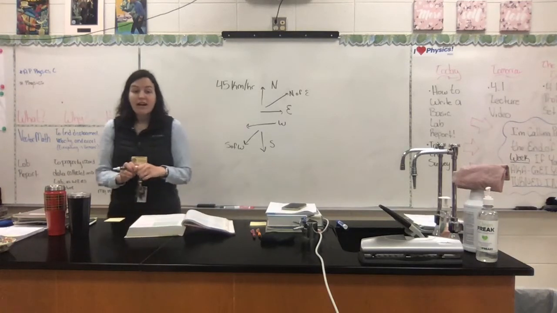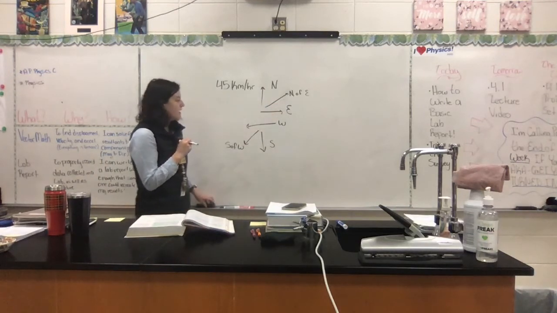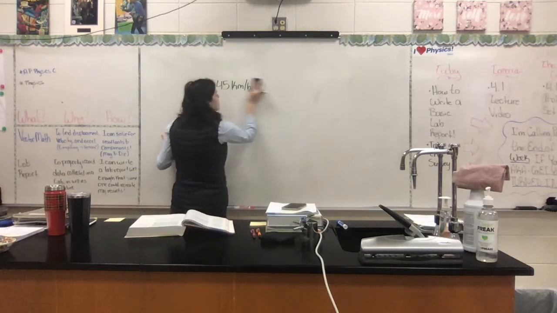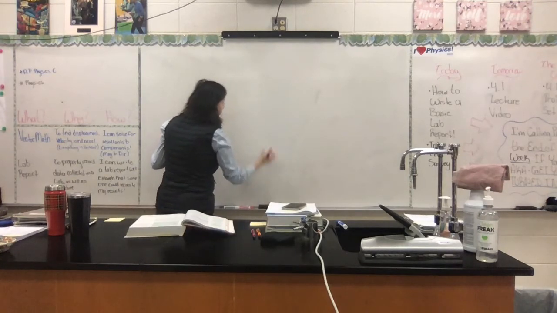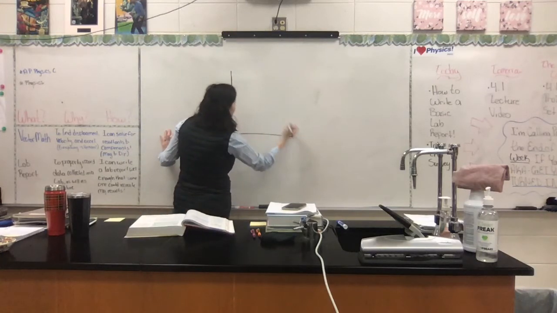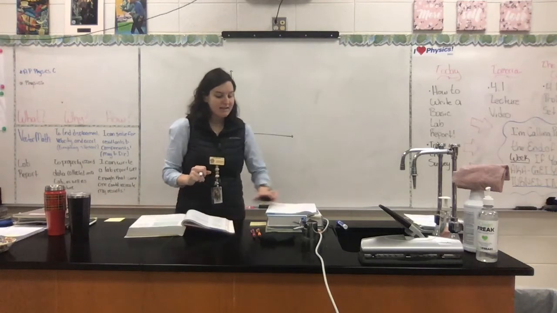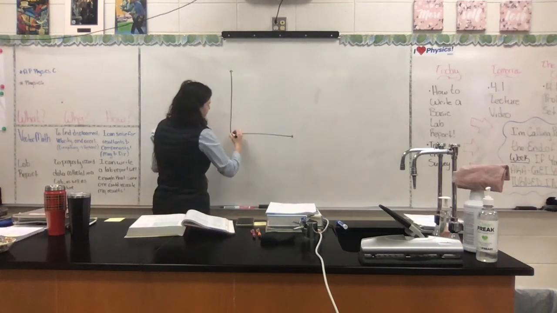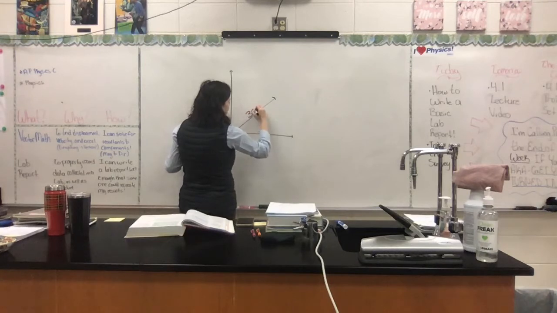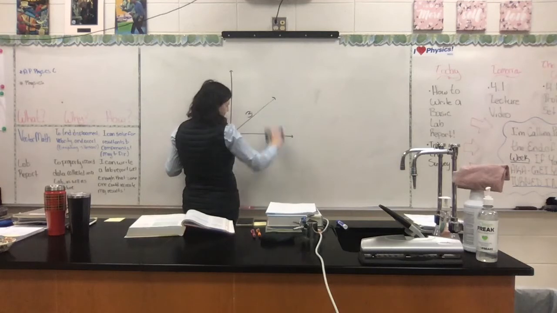Now, vectors get broken down further when they're like this though, okay? We call them components. So you might be wondering, what are vector components? Well, let's look at this as an example, okay? Let's say we have a velocity vector, okay? Now, it is 35 meters per second.